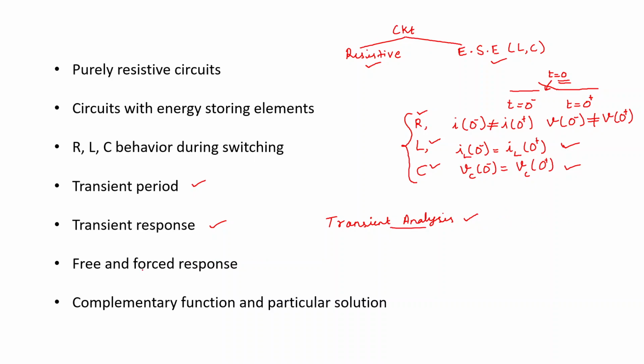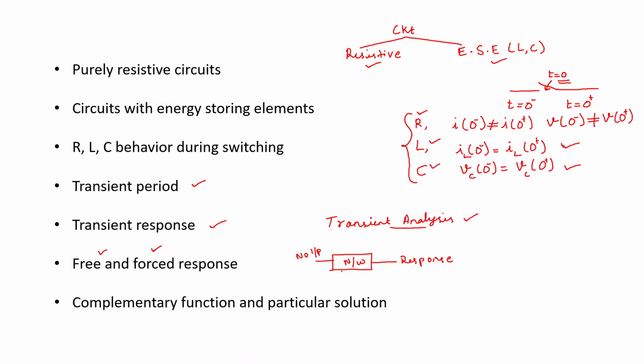Coming to the definition of a free and a forced response. Free response is nothing but, for example, if you have got a network, and in this network there is no input, so you are not going to apply any input here, but still there is a response because of the earlier stored energy in the circuit elements in the network.